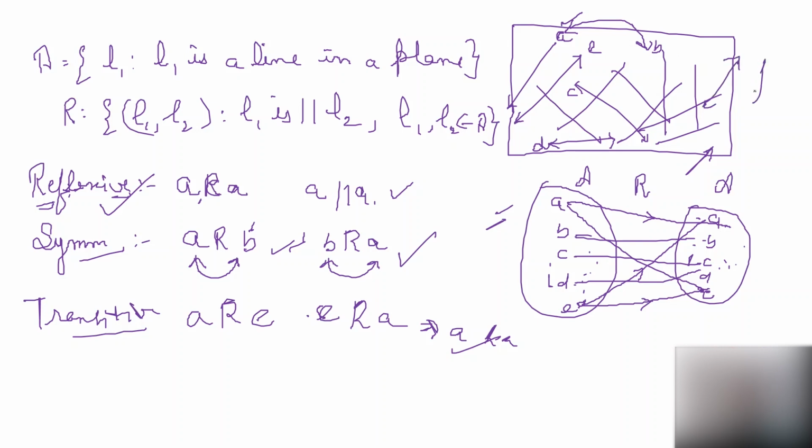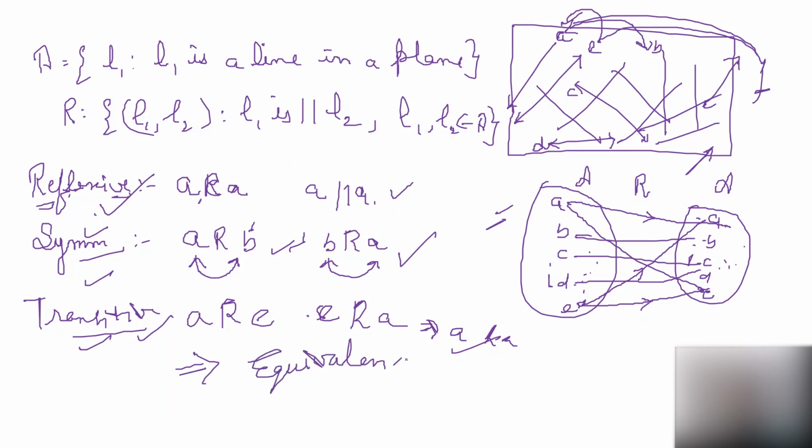Let us consider F. A is parallel to E, E is parallel to F. Yes, also A is parallel to F. Therefore, this relation is transitive. As this relation is reflexive, symmetric and transitive, yes, this relation is an equivalence relation also.